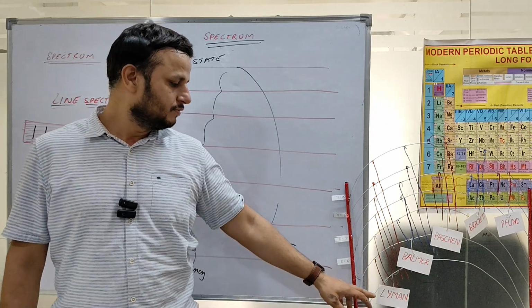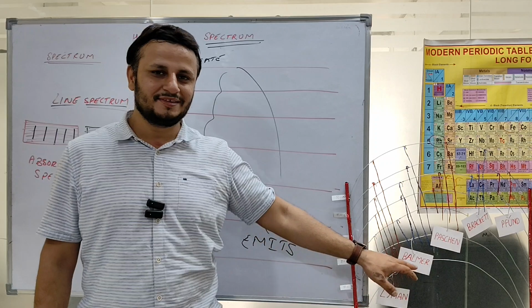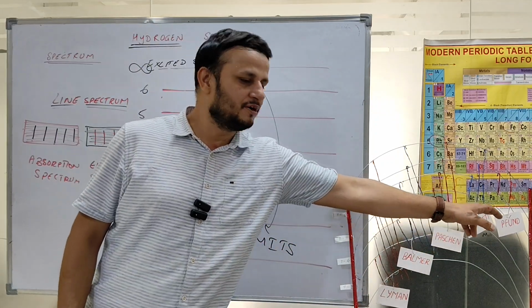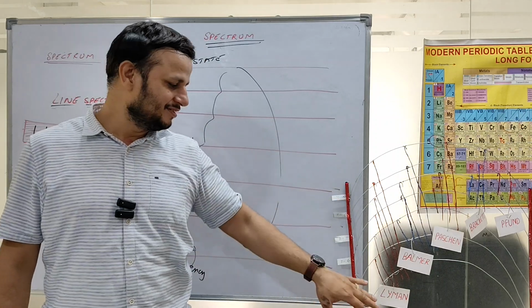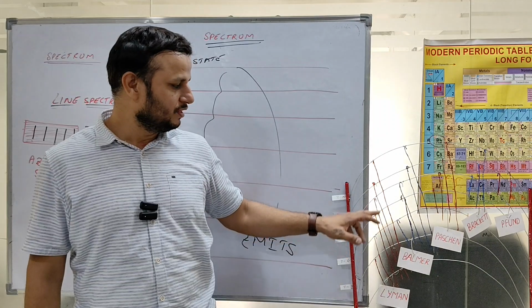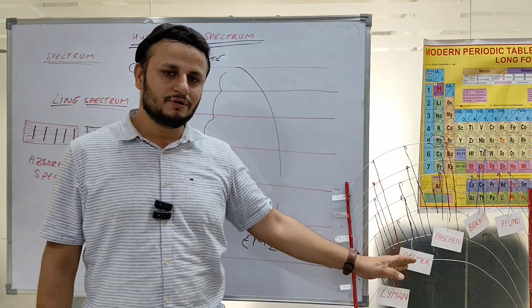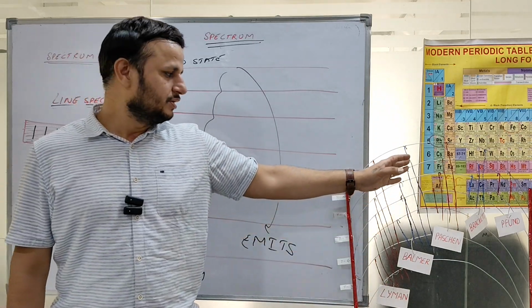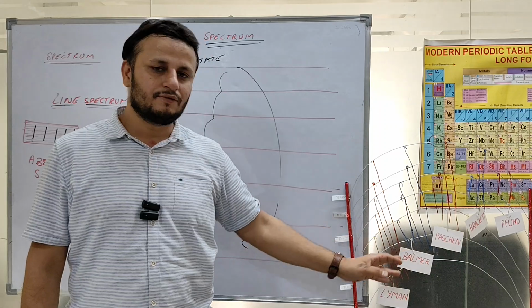There are 5 series known as the Lyman, the Balmer, Paschen, Brackett, Pfund. जब इलेक्ट्रॉन फर्स्ट लेवल में वापस आता है तो it is known as Lyman, चाहे वो सेकंड से वापस आए चाहे वो इंफिनिटी से वापस आए. When it returns to the second level, it is Balmer.